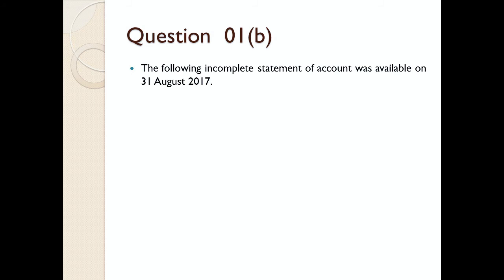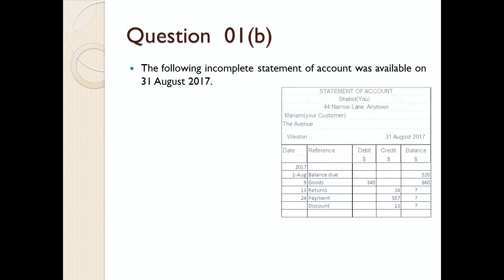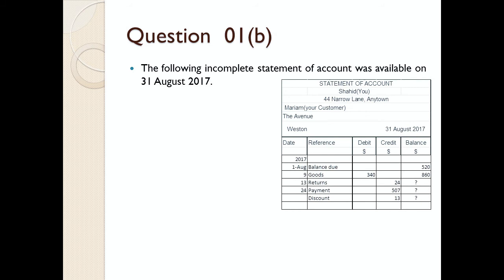The following incomplete account was available, that is M's account in your books, which is incomplete, and shows that you have to receive 520 from him, and you sold 340 more goods to him, and 860 balance.